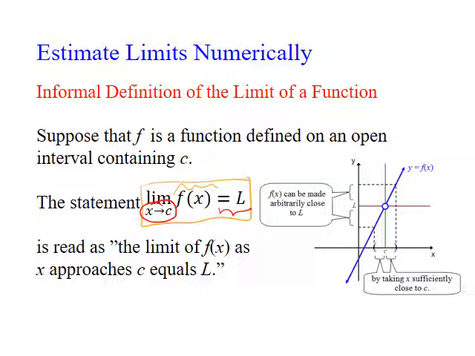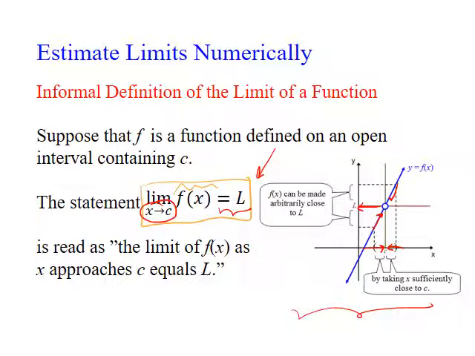But basically, if I look at this chart here, what this definition is saying is as the x value is getting closer to c, the function is equal to this number.